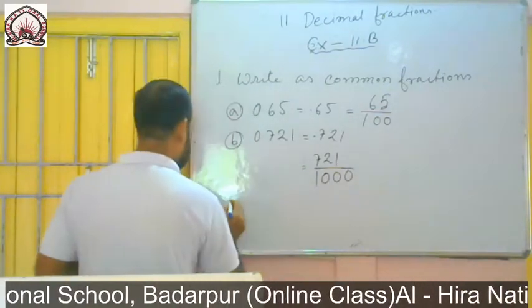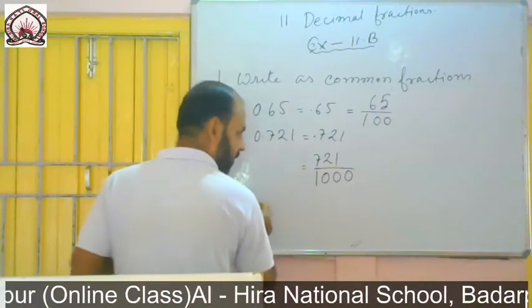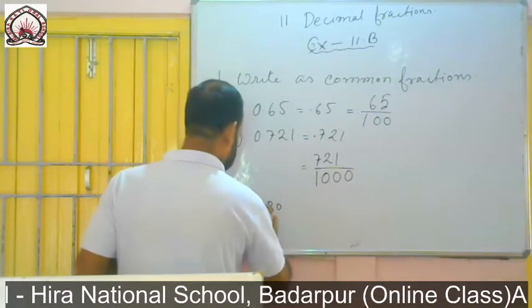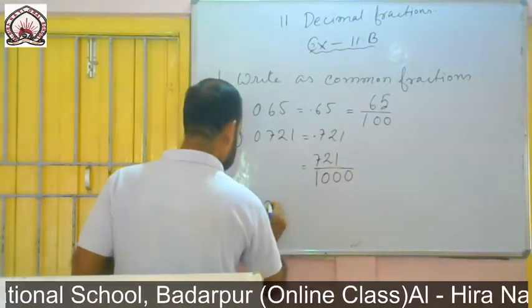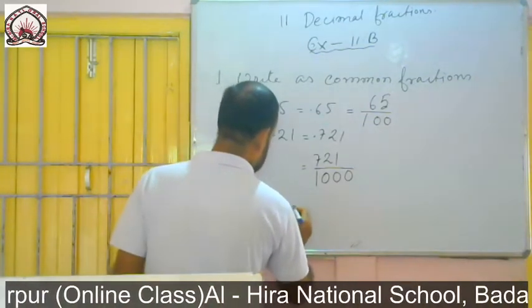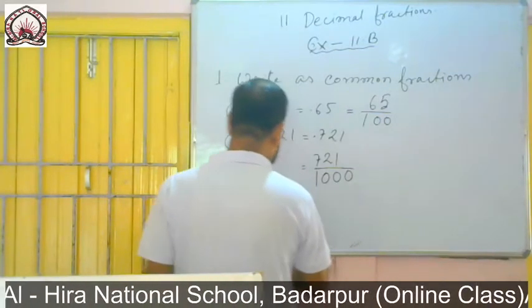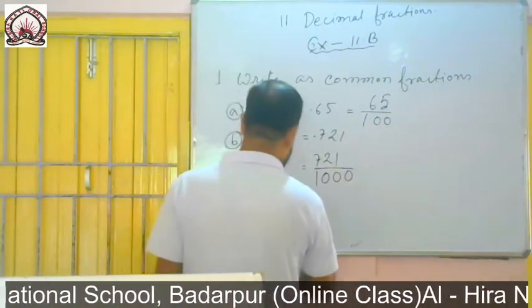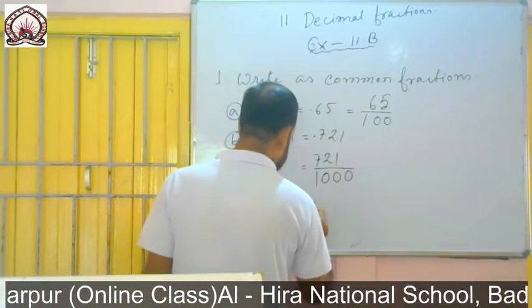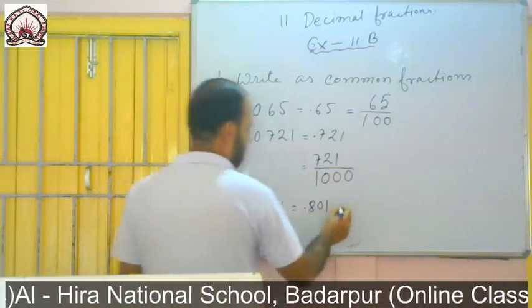Next, question number C. 0.801. First, this 0 is valueless, so we remove this 0, and we write .801.